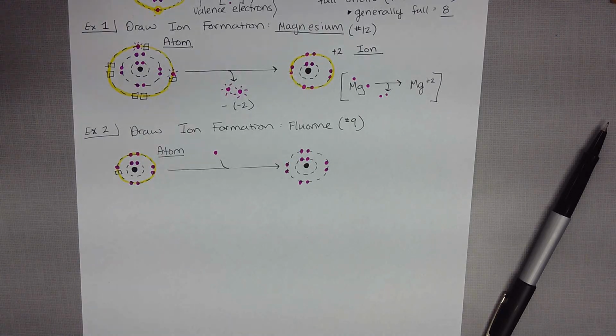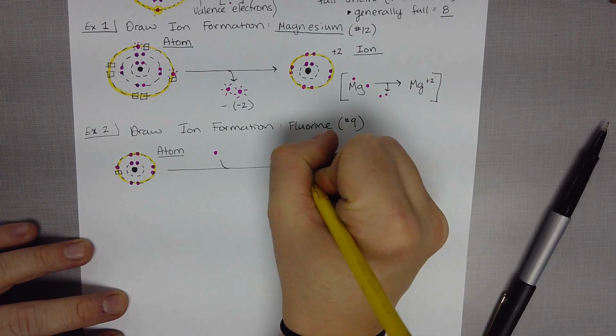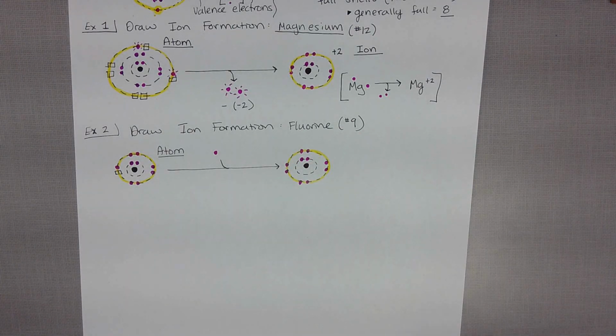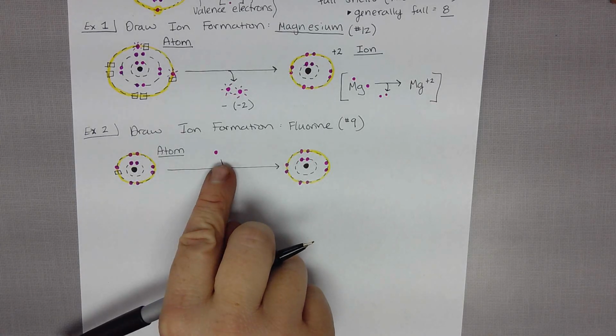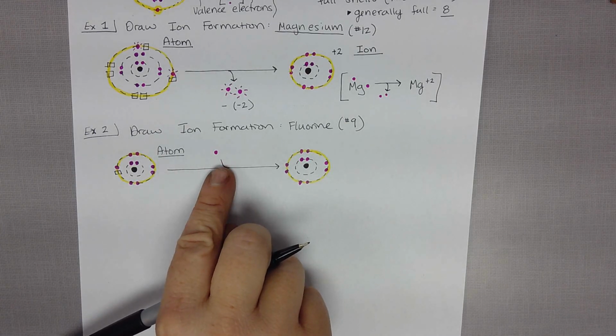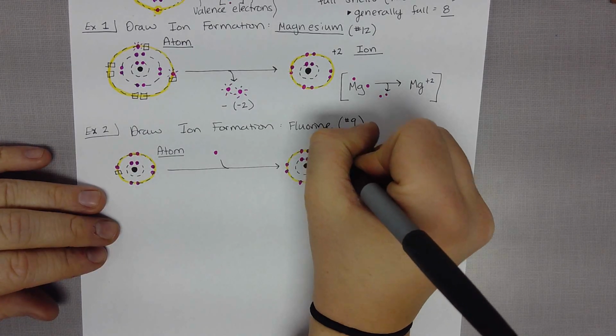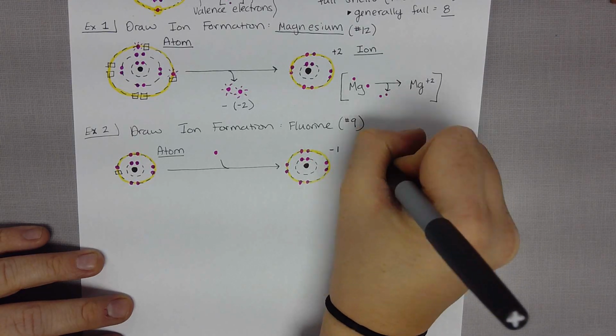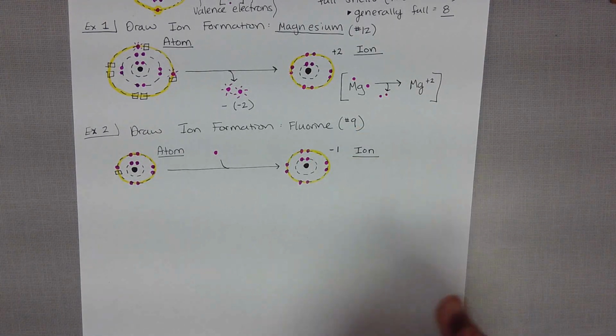And I can see that valence shell, which is shell 2, full happy 8 electrons, and everything's going to be inverted. When you add a negative particle, you're going to become more negative. So you become a -1 ion. Okay.